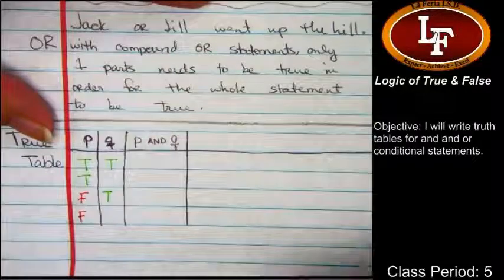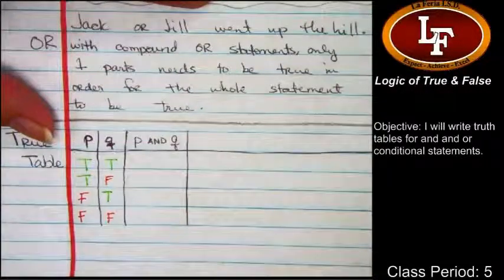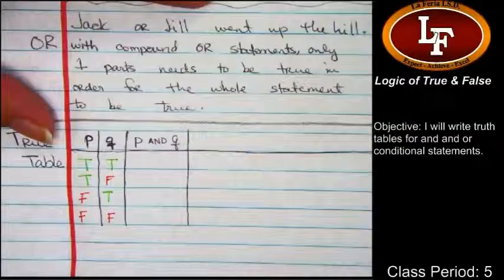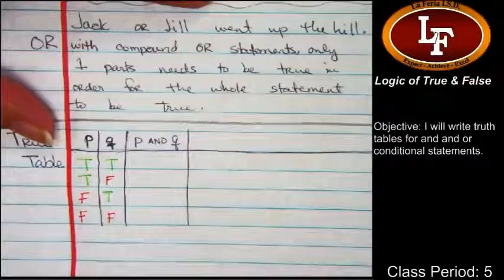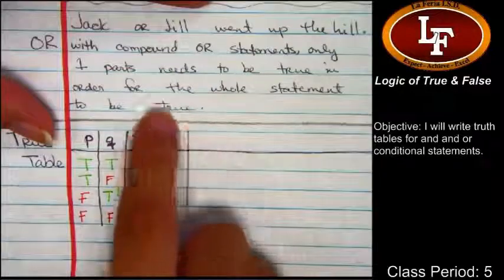It could be true or false. And so what this table does, it allows me to have all the different possible cases. Both of them are true. One's true, one's false. The other one is true and the other one is false, or they're both false. Okay, in one table.